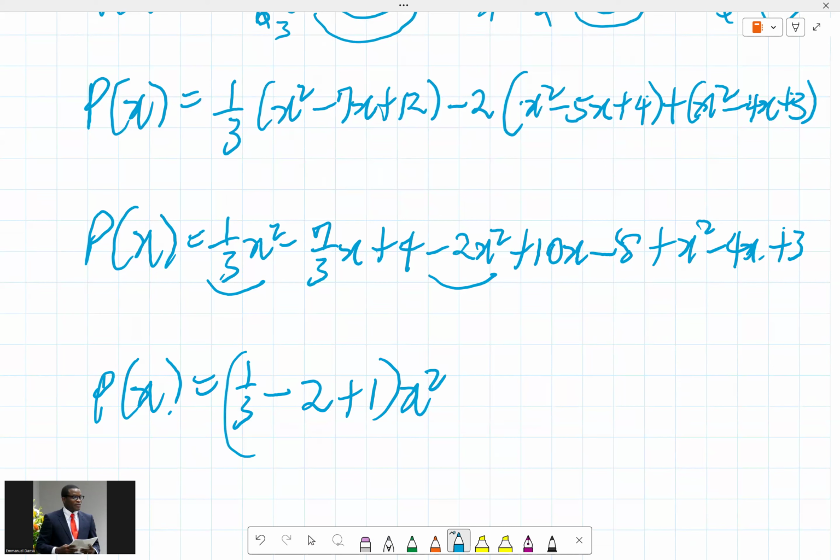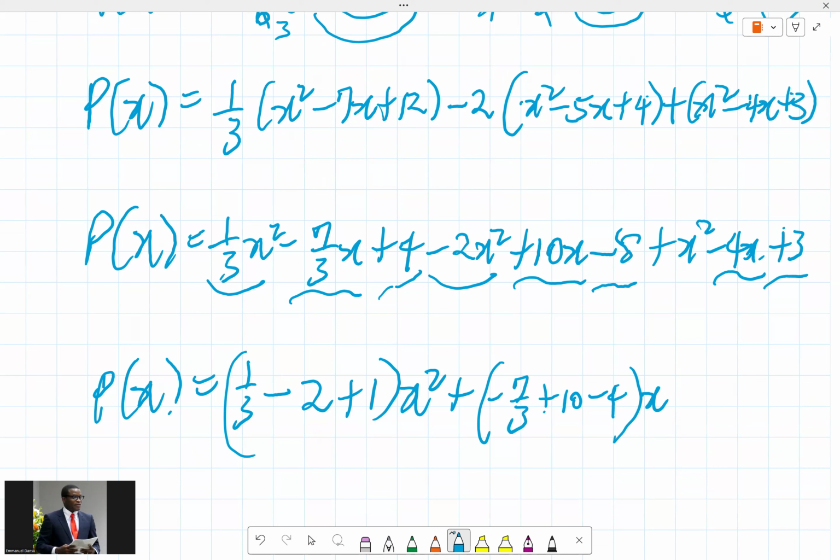For x, we have this and this, so just a plus here. So we have minus 7 over 3 plus 10 minus 4, and that goes for x. Then for the constants, we have this, this, and this. So that is plus 4 minus 8 plus 3.